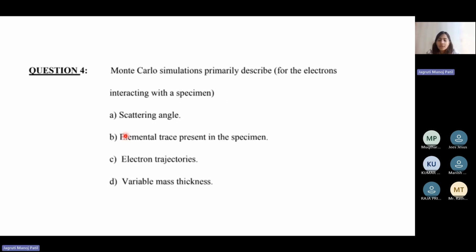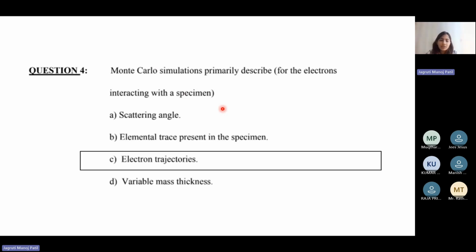So we do Monte Carlo simulations. We haven't talked about it yet, but I guess through general understanding, they are primarily described for the electrons which are interacting with the specimen. So, what part of it do we actually think over there? So, why do we do these simulations? We do it for the electron trajectories. Why? Because of points such as scattering angle. That's up to us, that's user defined. Elemental trace that's present in the specimen.